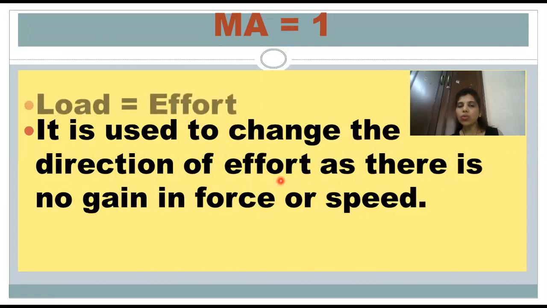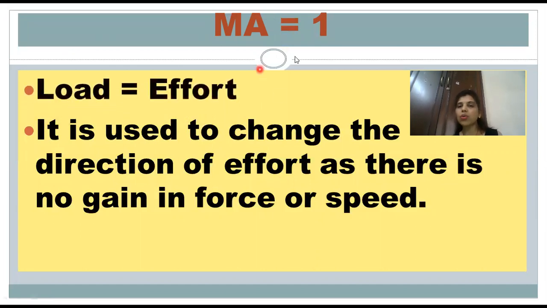And when load is equal to the effort, MA is equal to 1. So when MA is equal to 1, load is equal to effort, meaning numerator and denominator are equal. And that's why this particular machine is only helping to change the direction of the effort. It is not a force multiplier, it is not gain in speed, which we are going to see next. It is only helping us to change the direction of the effort.